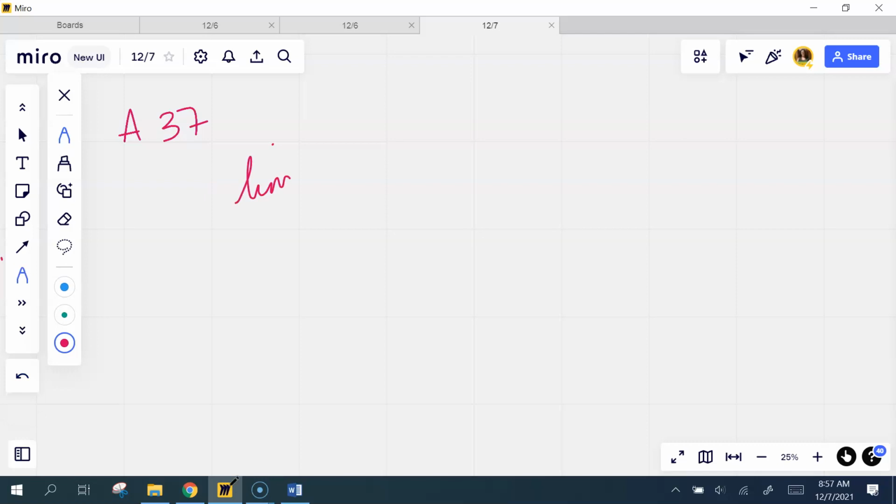The limit as h goes to 0 of the natural log of e plus h minus 1. So essentially, they're giving you what?